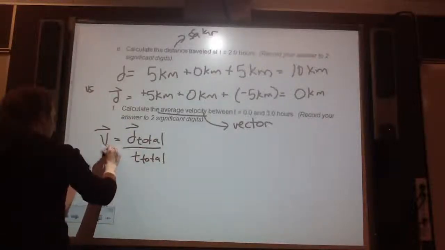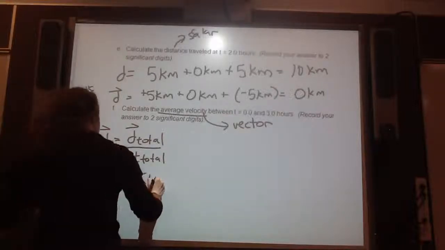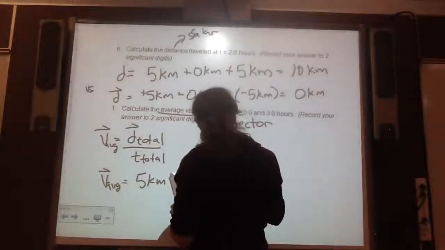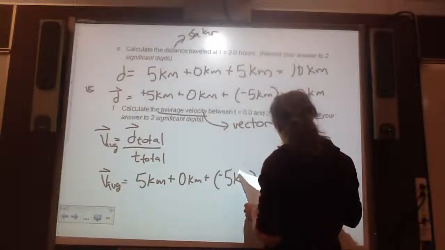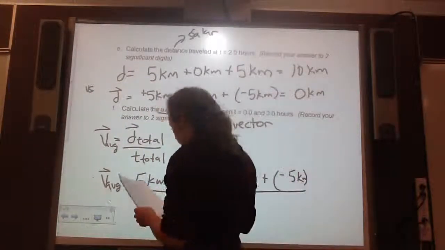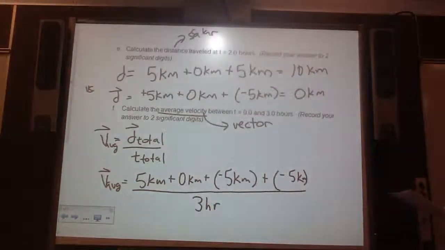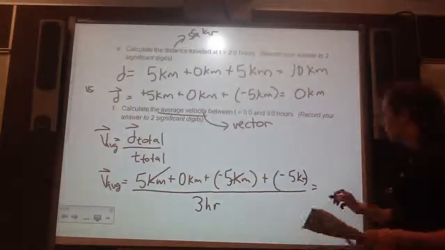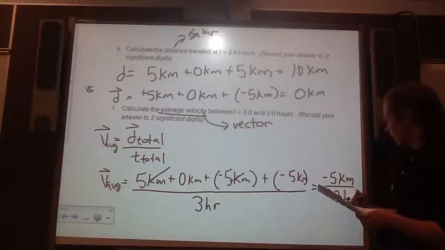So V average is equal to 5 kilometers plus 0 kilometers plus negative 5 kilometers plus negative 5 kilometers, all divided by 3 hours. So really, you can cross out 2 of these 5s and 0. So you're going negative 5 kilometers per 3 hours.